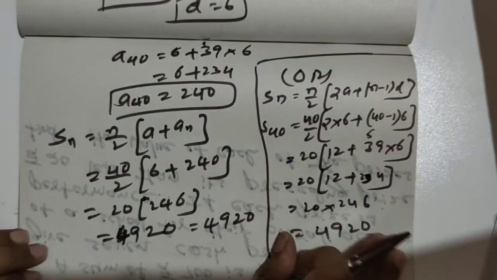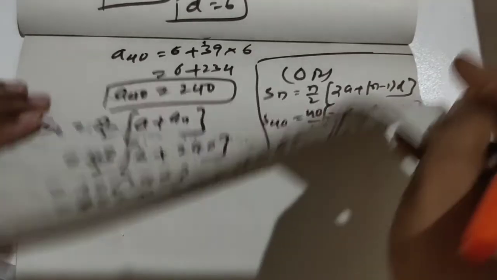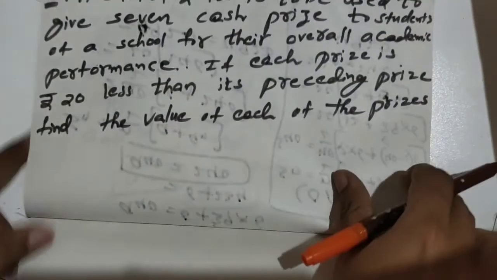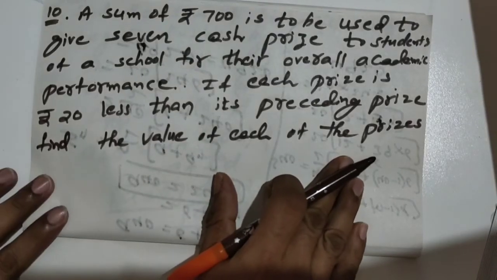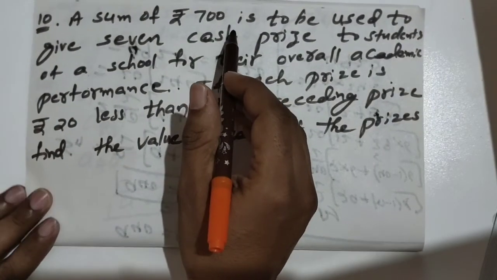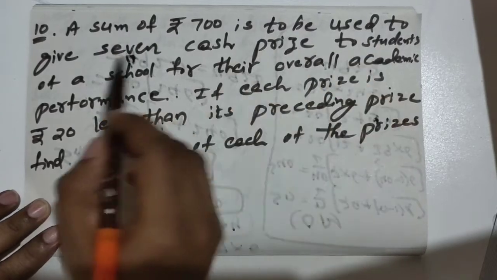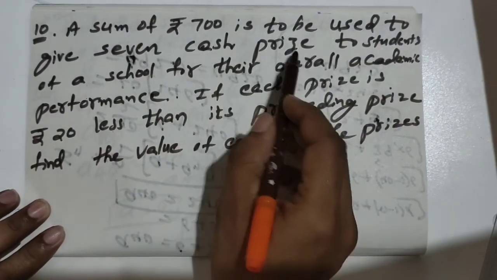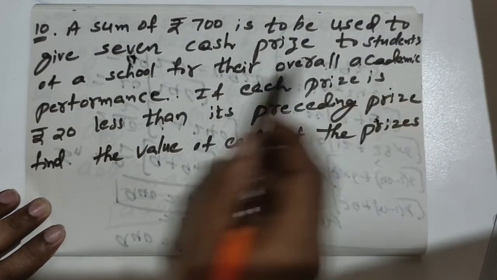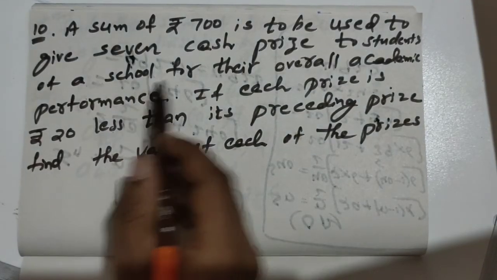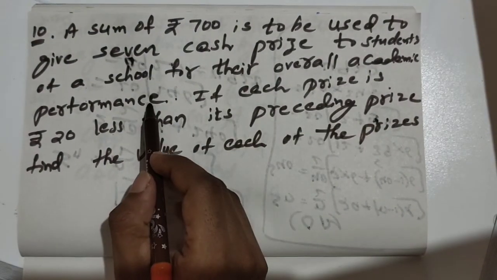And the next, very important: a sum of rupees 700 is to be used to give 7 cash prizes to students of a school for their overall academic performance.